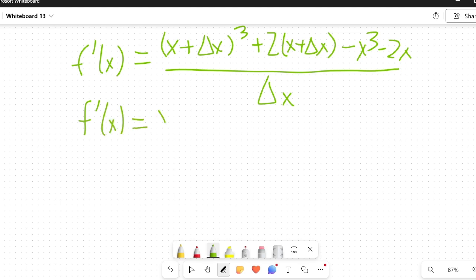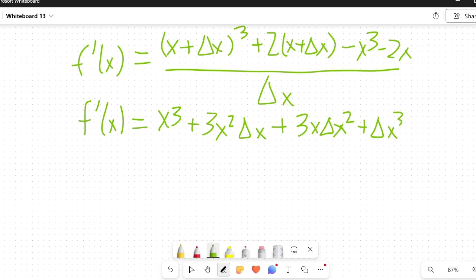So then f prime of x will be equal to x to the third plus 3x squared delta x plus 3x delta x squared plus delta x cubed. And for reference, these delta x's are all in parentheses.